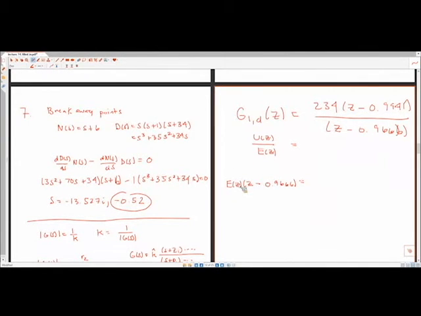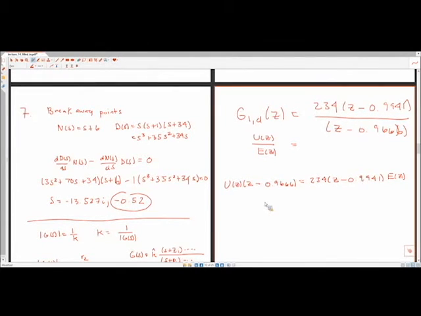This is U, and then this is 234 times Z minus 0.9941 times E. This actually literally means time shifts. A Z to the first power is a time shift of 1, Z to the second power a time shift of 2, and on and on up.